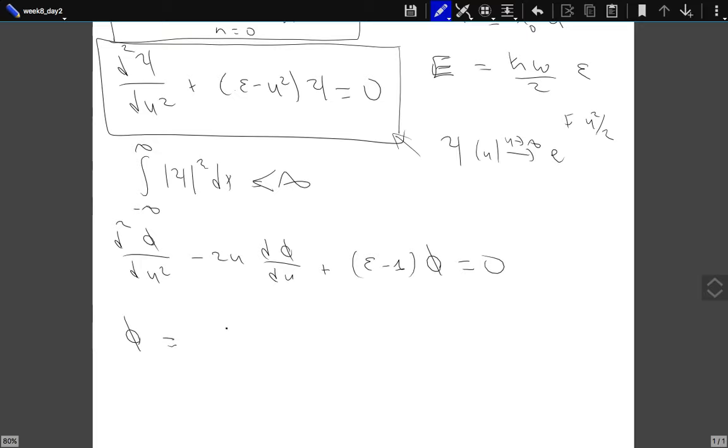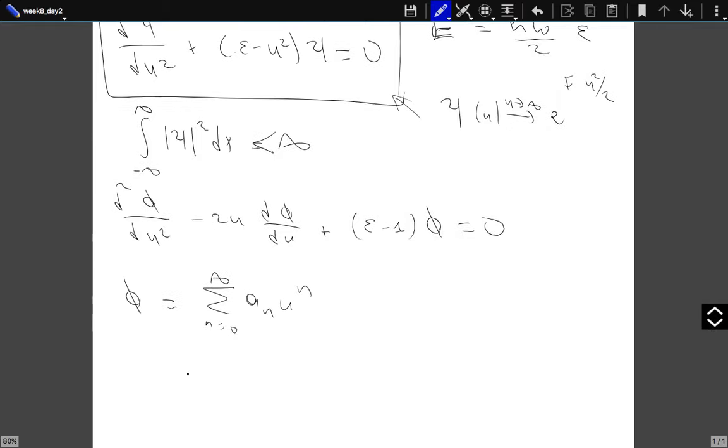So let's look at this phi. Of course, there is one thing I want to make sure, that phi doesn't diverge faster than e to the power u squared over 2. That is what I should still check.